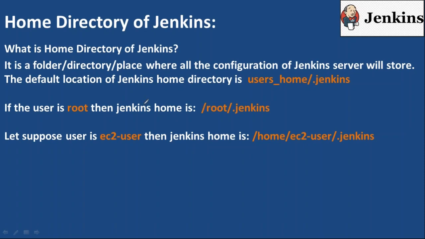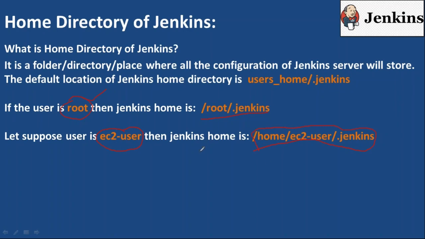Here we will see both of these default home directories. Suppose you run your Jenkins server as root, then this is the default home directory of your Jenkins. Suppose you run as other than root, as ec2-user or any one user, then this is the default home directory of Jenkins.